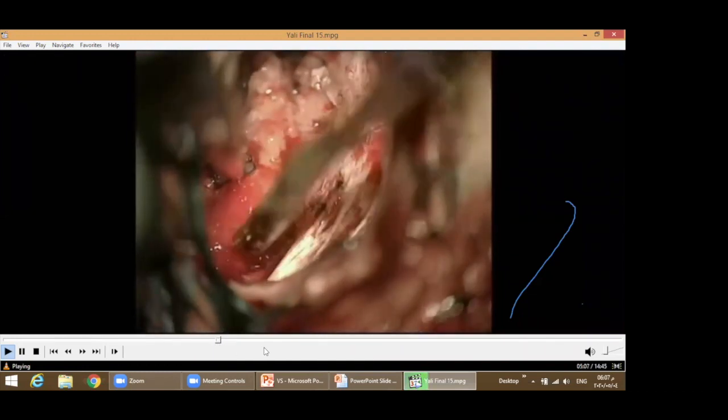Here we are on the right side. Principle is the same. Debulk the tumor from inside, and then open the internal canal by drilling. And here's the tumor.